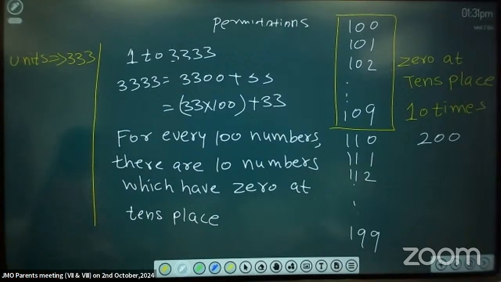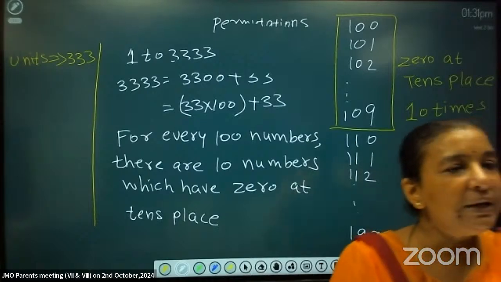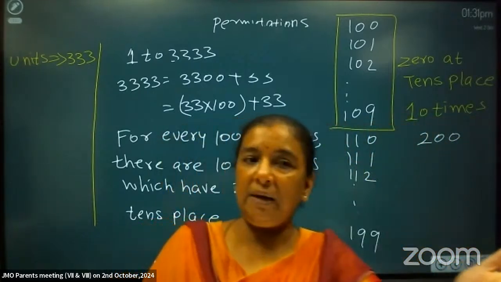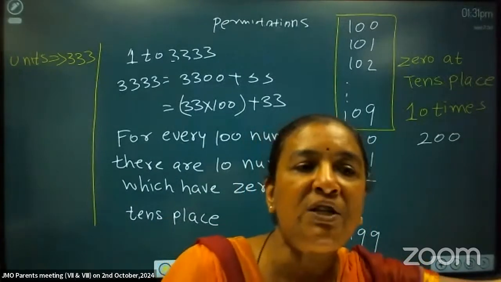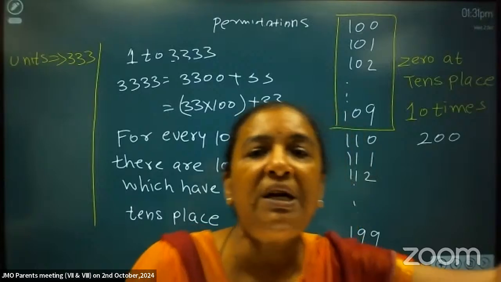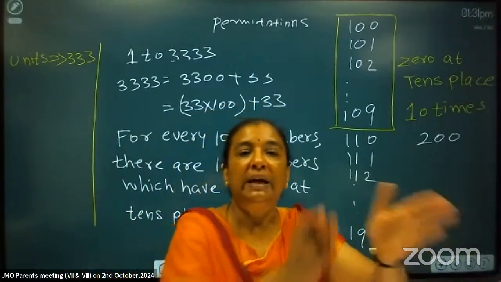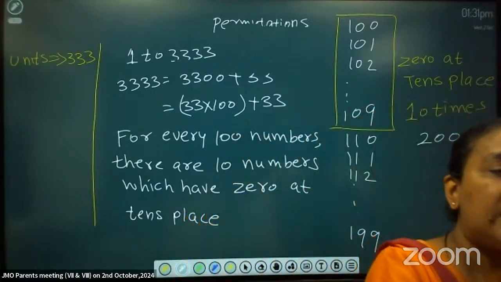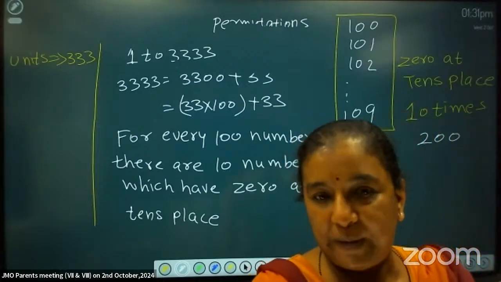You understand this? I go from 100 to 200, 10 numbers. 200 to 300, 10 numbers. 300 to 400, 10 numbers, and so on till I go to 3,300. You understand this? So there are 33 hundreds and each 100 contains 10 numbers having 0 at tens place.